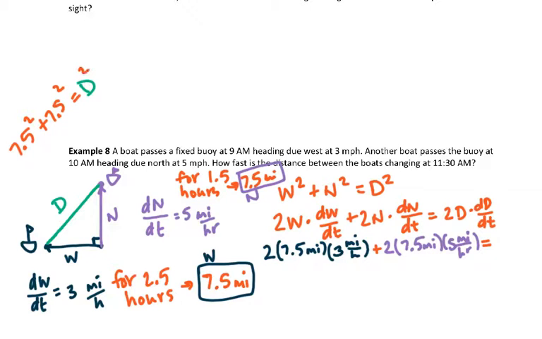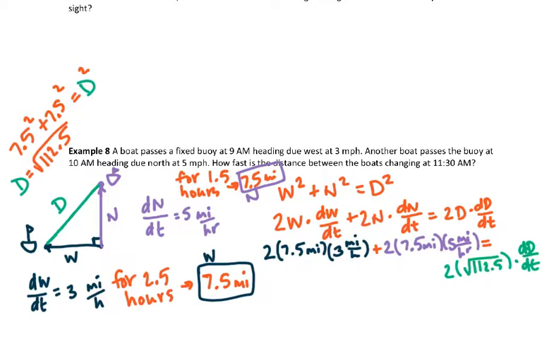And I can use that to find the distance between them. I'm just going to leave it as the square root of 112.5. I'm not going to get a nasty decimal, except it's not C, we use D. So I'm going to put 2 times the square root of 112.5 times the change in distance over time.